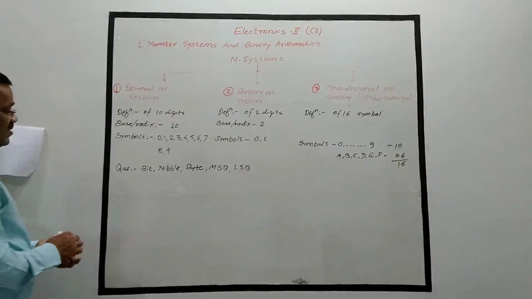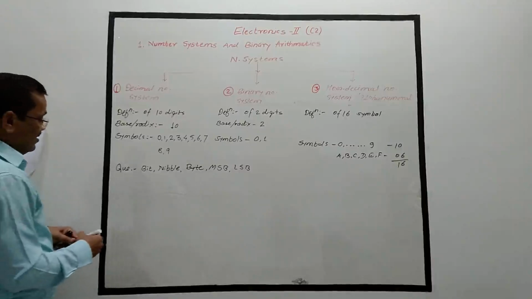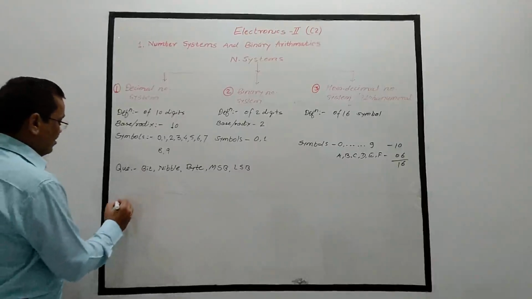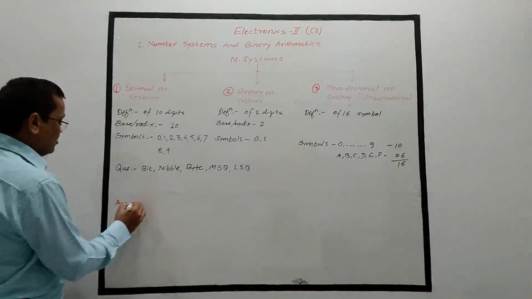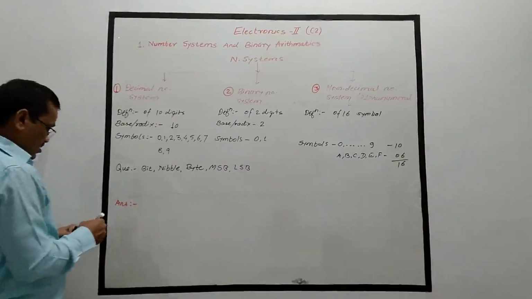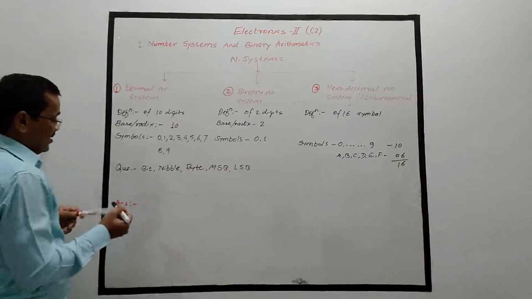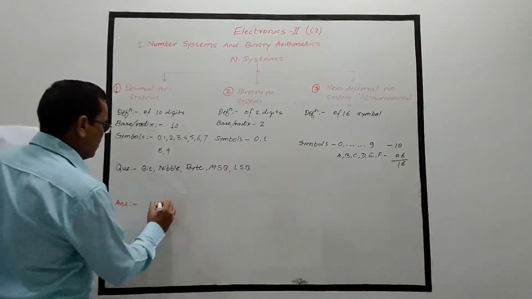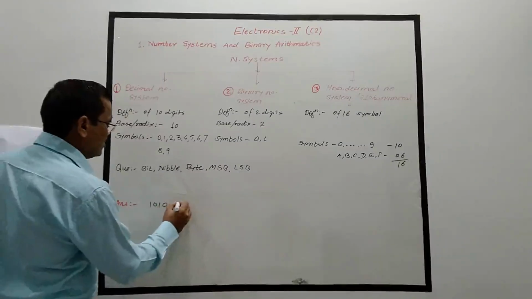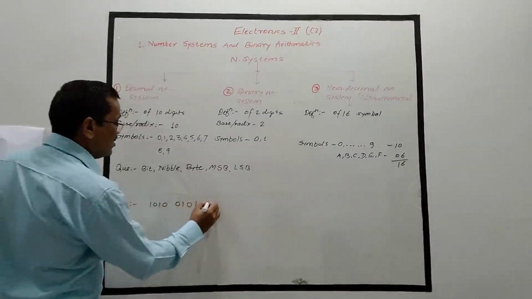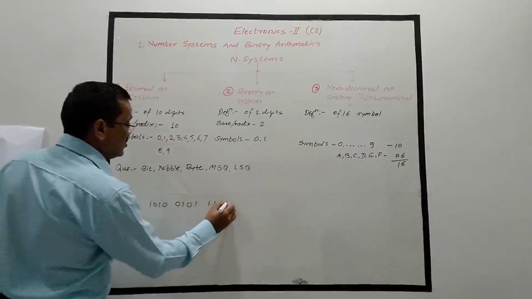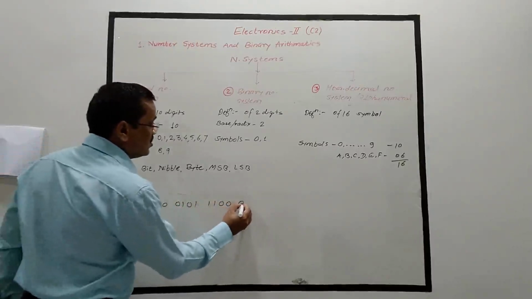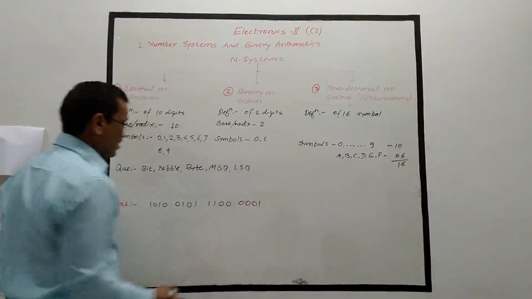Let us take one example to understand these terms. The binary number 1010 0101 1100 0001.